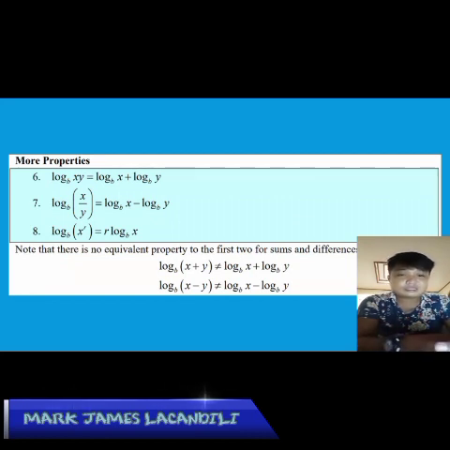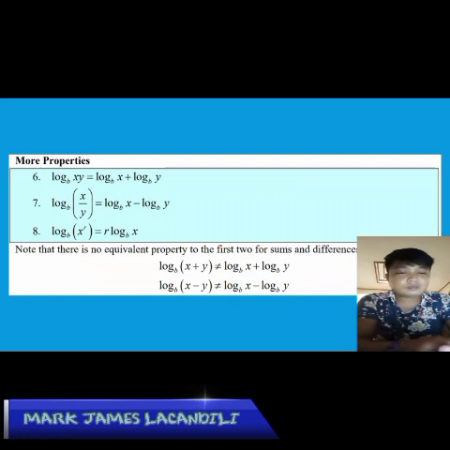And number 8 is log base b of x to the exponent r is equal to r times log base b of x. Note that there is no equivalent property to the first two for sums and differences. In other words, log base b of x plus y is not equal to log base b of x plus log base b of y.